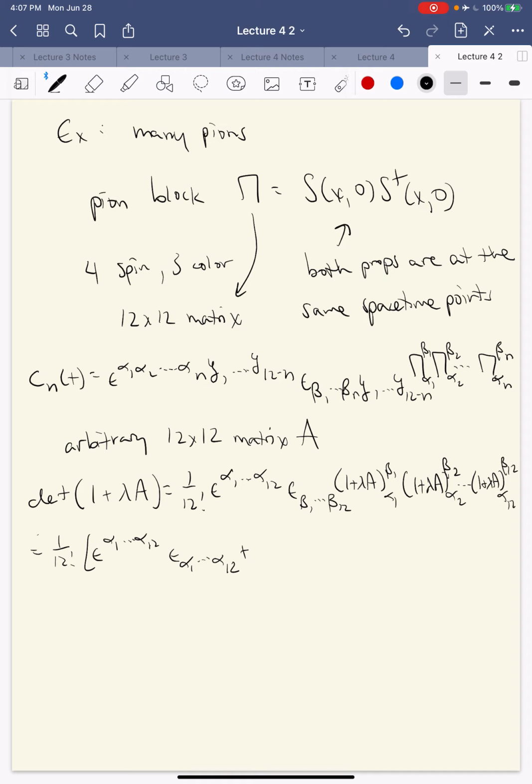Okay, so there's a lambda because we're keeping one power of lambda. There's a 12 choose 1 that gives us the combinatorics for the number of ways that we can have this product. So that just is choosing which of the lambda A's we have. And then we have this, and then the lower one, we keep one of our beta indices, and the rest of them are all contracted.